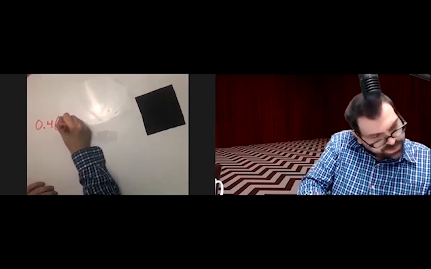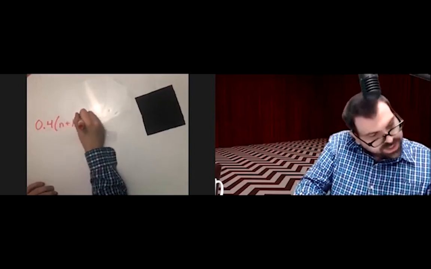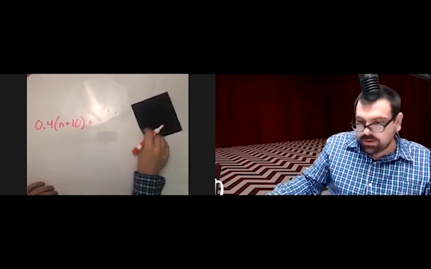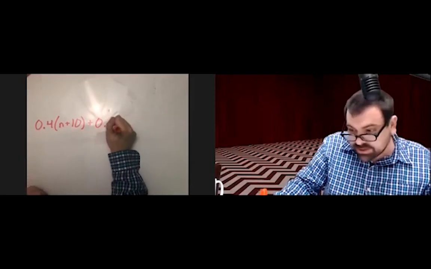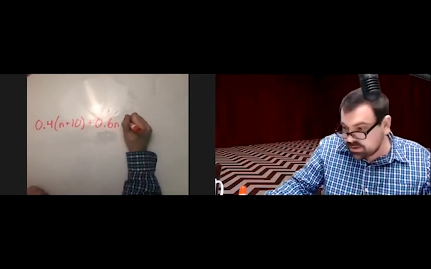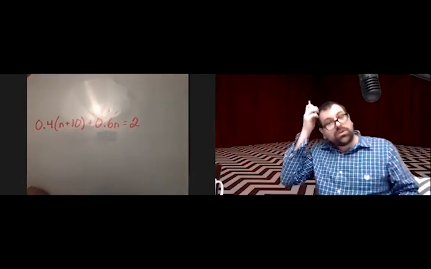0.4 times the quantity n plus 10 plus 0.6n equals 2.